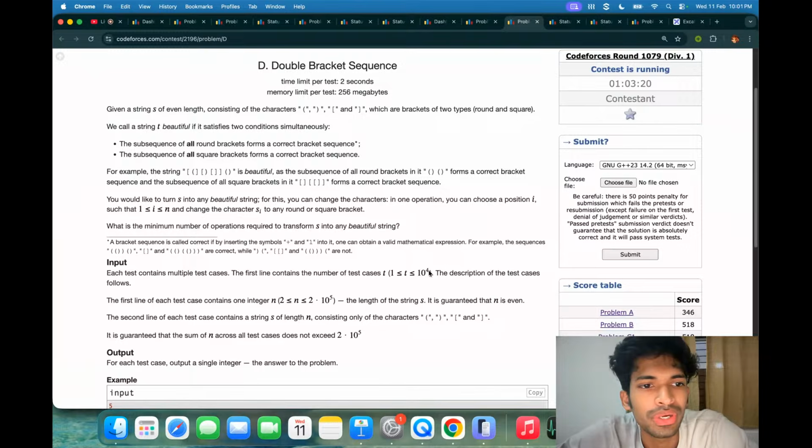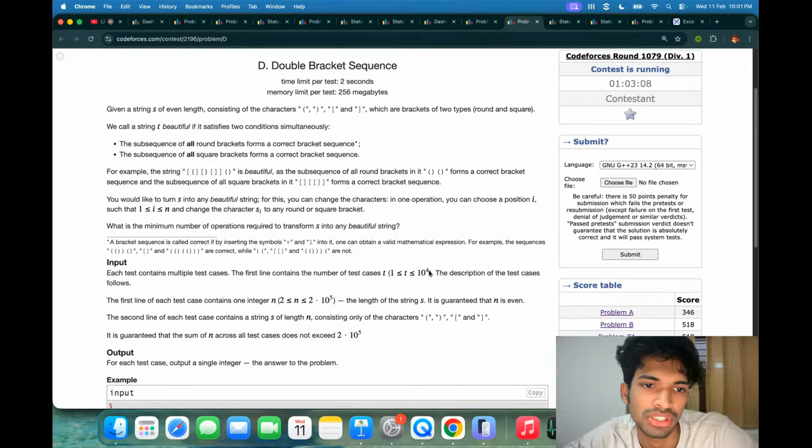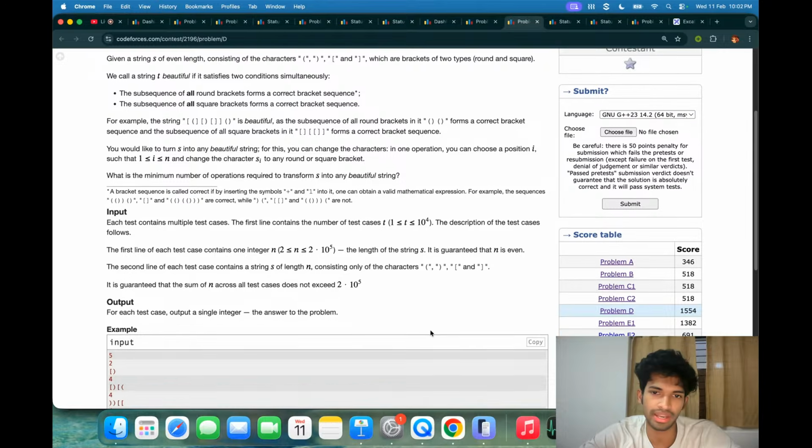Mm, you would like to turn S into a beautiful string. For this, you can change characters in one operation. You can choose a position I such that 1 is less than or equal to I less than or equal to n and change the character Si to any round or square bracket. What the? Oh, okay. Okay, nice problem.